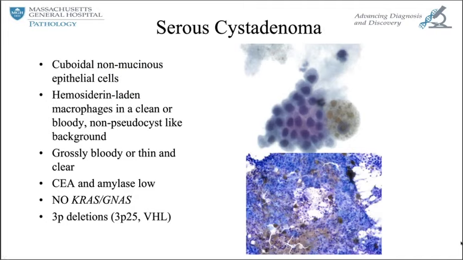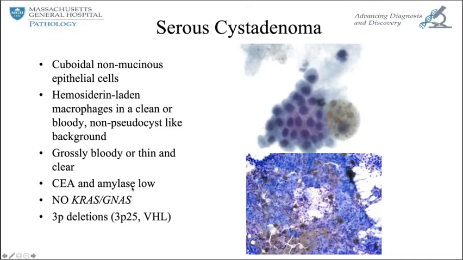Now, our serous cystadenoma has non-mucinous cuboidal epithelial cells. Our surrogate, hemosiderin-laden macrophages, may be all that we see. Here's an example of a Diff-Quik stain showing these cuboidal epithelial cells with loads of hemosiderin-laden macrophages embedded in them. Grossly, the fluid will be bloody or thin and clear, not thick, sticky or viscous.